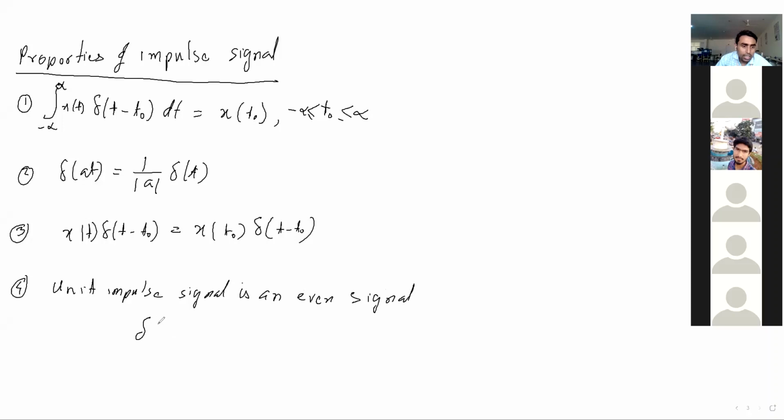Even signal means δ(t) = δ(-t). So the fourth property is that the unit impulse signal is an even signal, that is δ(t) = δ(-t). These four properties are very important. There are many numericals on these properties, so let's solve some numericals.